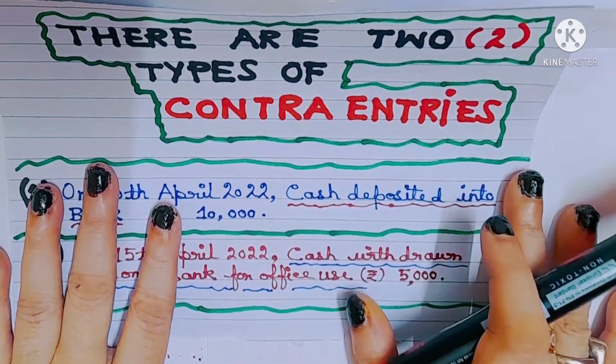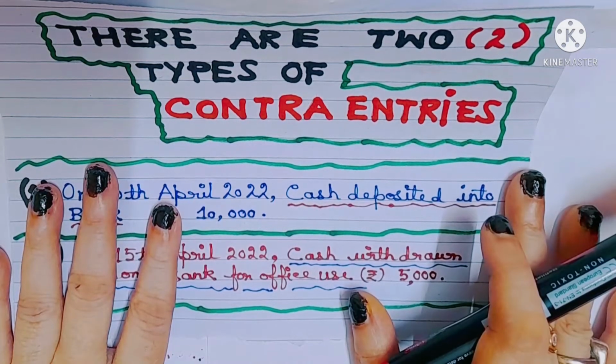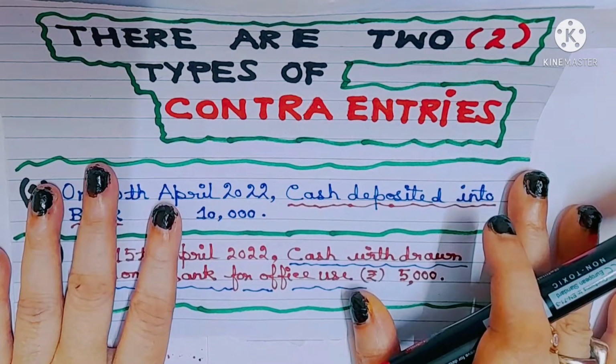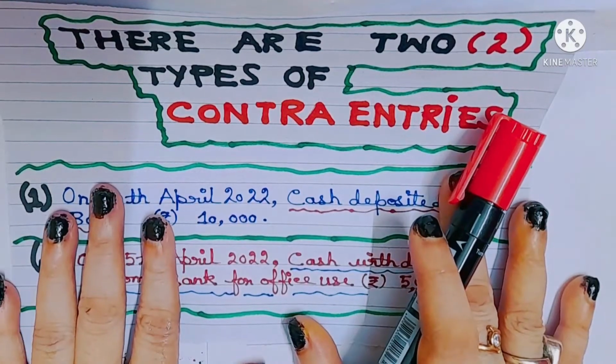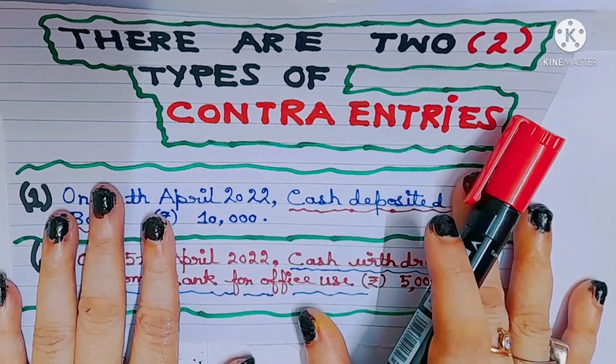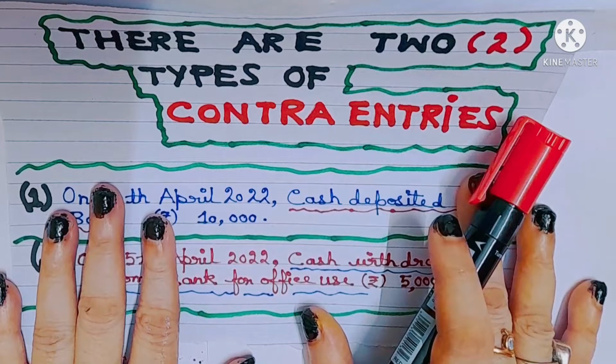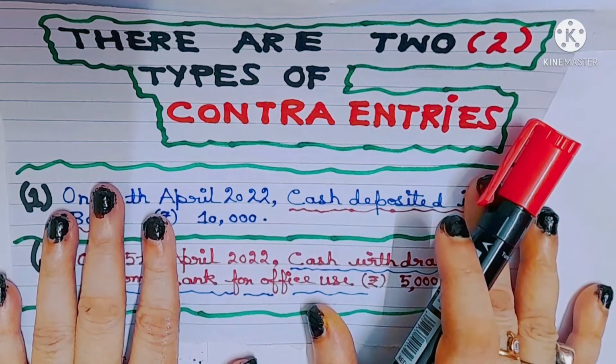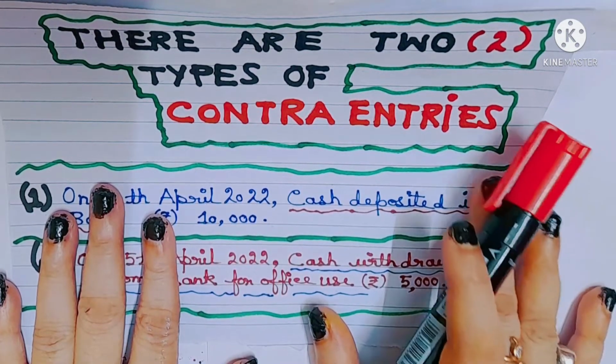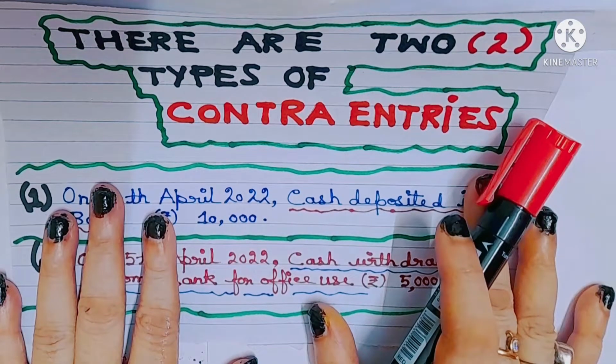Contra entries arise in a double column cash book and in a triple column cash book. They arise in a double column cash book because there are two columns: one is the cash column and one is the bank column.